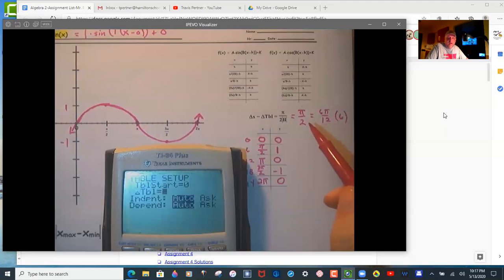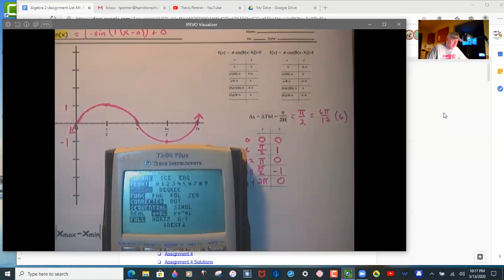Okay, so that's 6 scale marks, 90 degrees, or pi over 2. You just have to make sure, and I'm going to use degrees, which means my mode has to be in degrees. So hello, people, listen. If you set it up in degrees to make the x-axis degrees instead of radians, you have to put your delta table in terms of degrees.